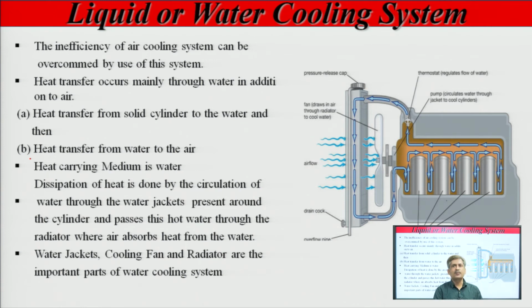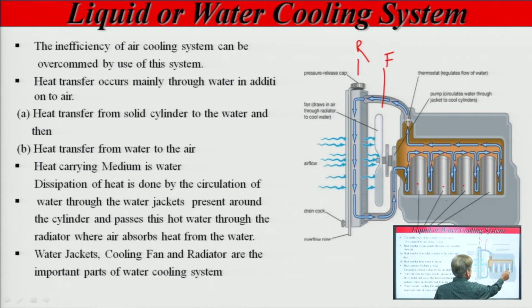So, these are the other parts which you can see in the diagram. This diagram shows the different components of this water cooling system. This part is called the radiator, this part is the fan, and this is a multi cylinder engine.